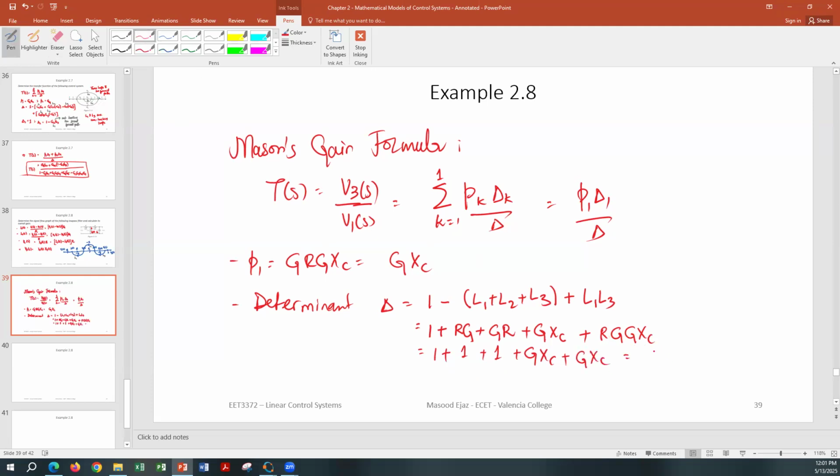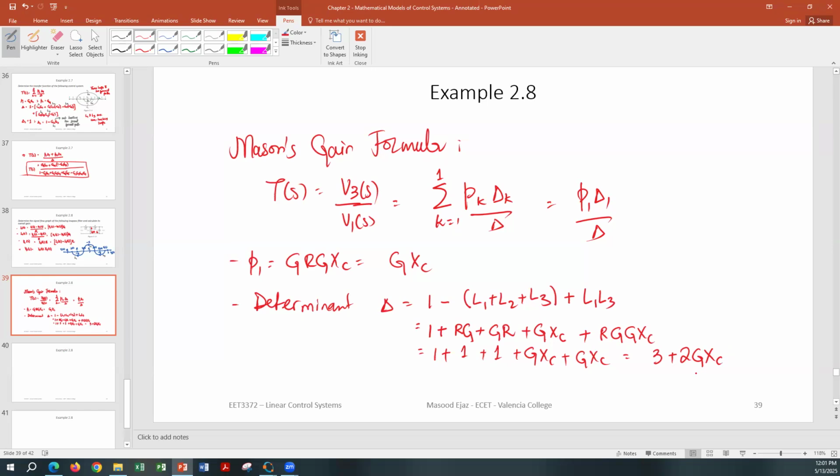So this will give us 3 plus 2 G times X_C. That's my determinant, the denominator.